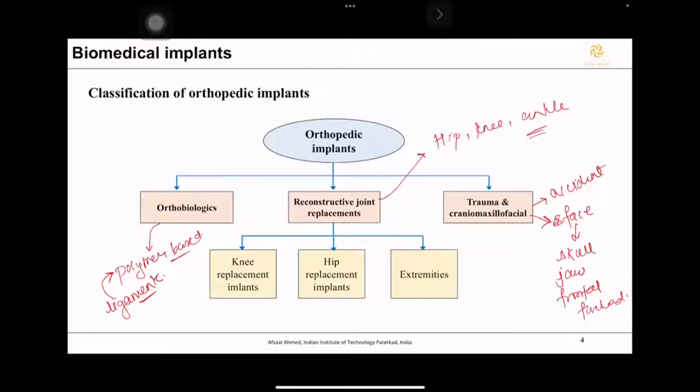Now, this is the overall broad overview of a field. Because we are discussing field scale, this is a broad overview of the biomedical industry for implants manufacturing, specific to implants manufacturing.